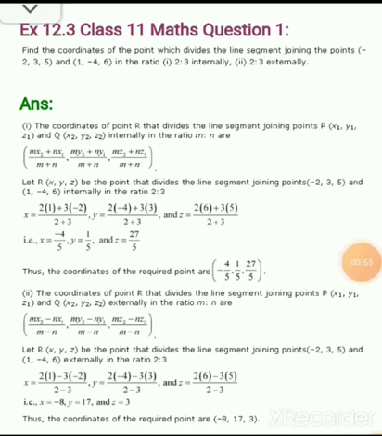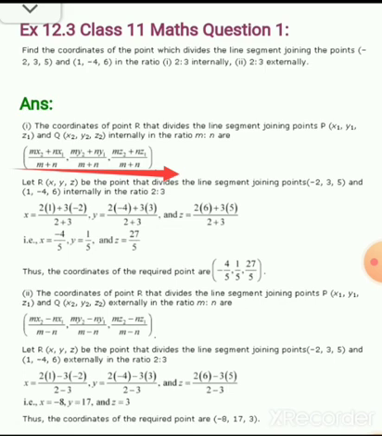That is by using this formula, mx2 plus nx1 divided by m plus n, my2 plus ny1 divided by m plus n, mz2 plus nz1 divided by m plus n.